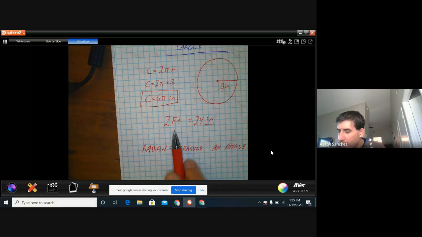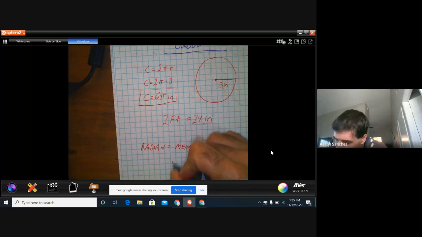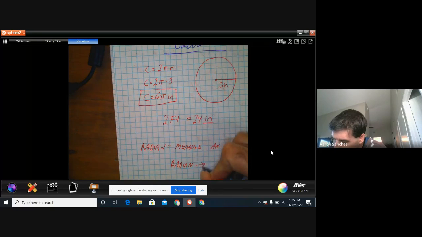Just like feet can be converted to inches, radians can be converted to degrees, and degrees can be converted into radians, right?